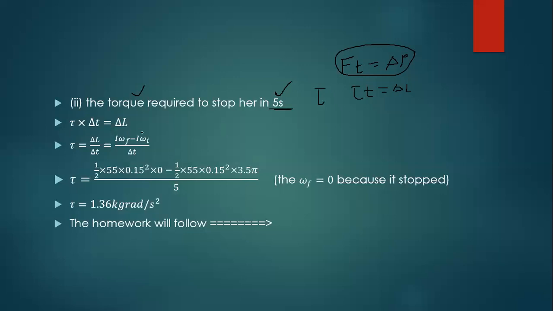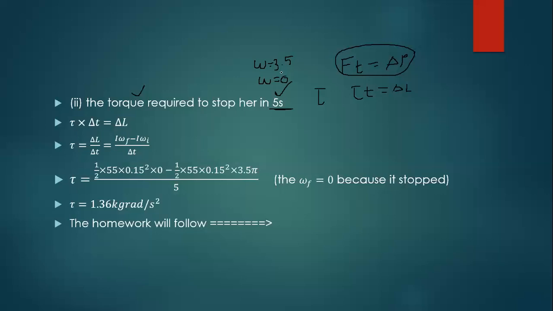The momentum changed because at one point she was moving with an angular velocity of 3.5 rev per second, but when she stopped, the angular velocity became 0.